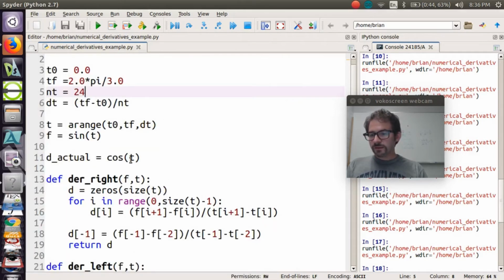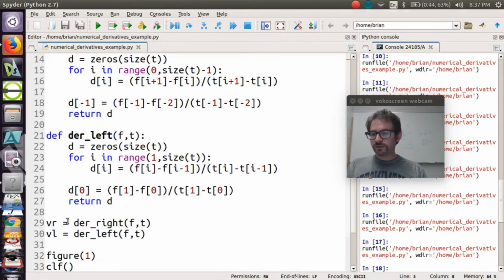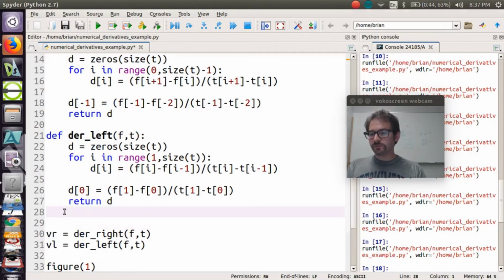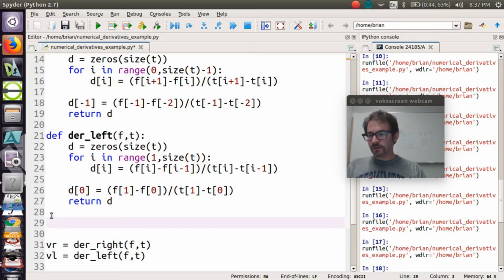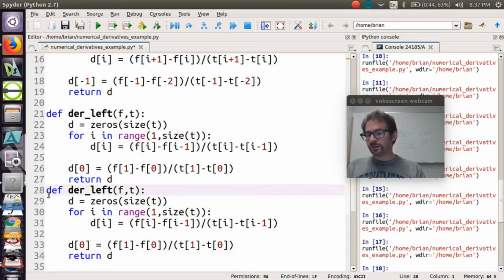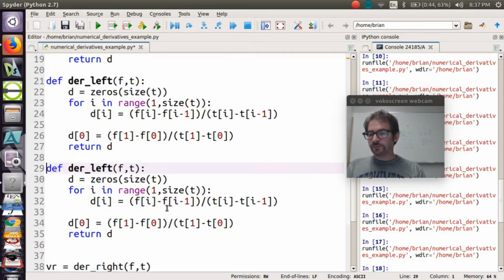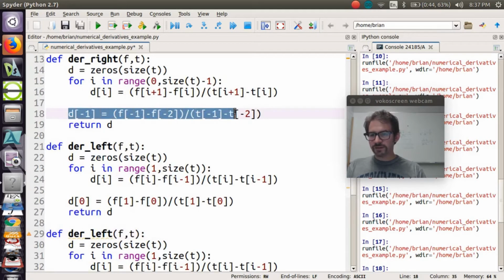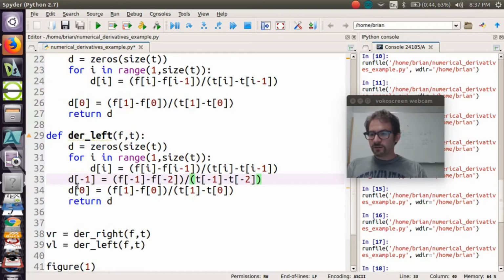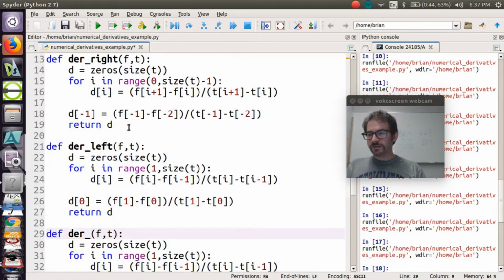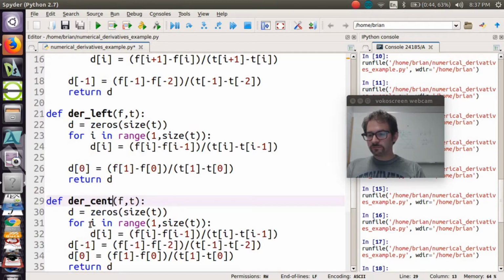So we can take the average of these two derivatives to give us the central derivative. It's going to look pretty similar. And it's the value that we'd actually use rather than dir left or dir right in practice. So let's copy our boundary fix here, the value for the right end, the value for the left end. We want both of those in this third function. Moving too fast here. I have dir right, dir left, and now we're making dir center.